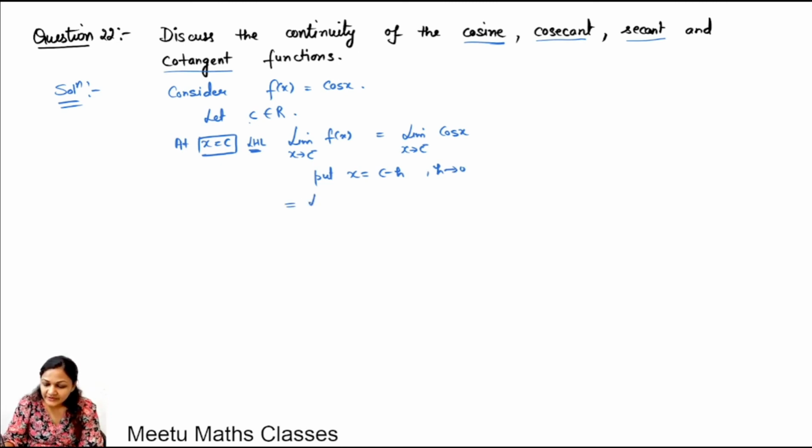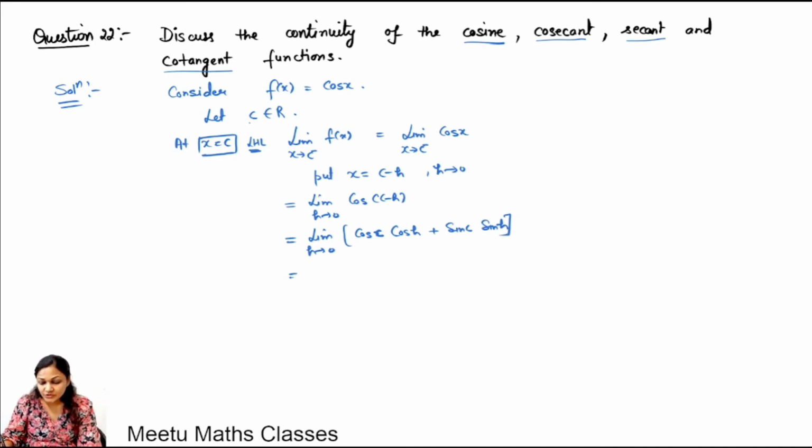So the limiting value becomes limit h tends to 0, cos of (c minus h). Now cos of (a minus b) is cos a cos b plus sin a sin b. Direct substitution h equals 0: cos h becomes 1 and sin h becomes 0. So this gives you cos c.